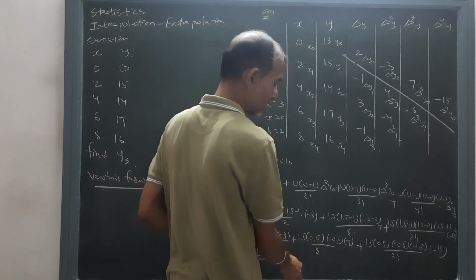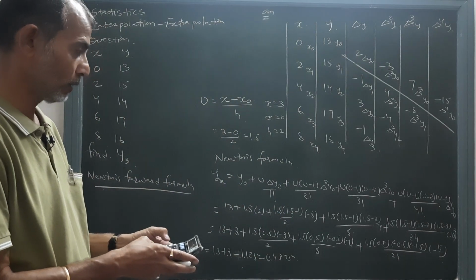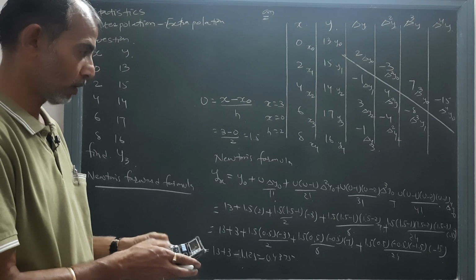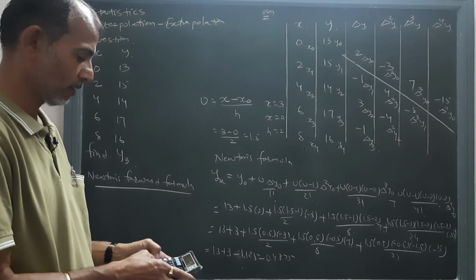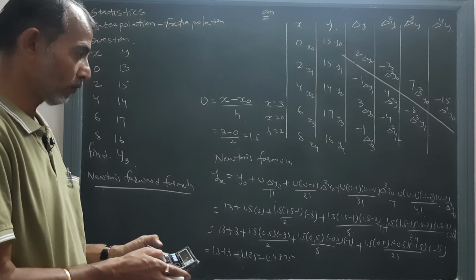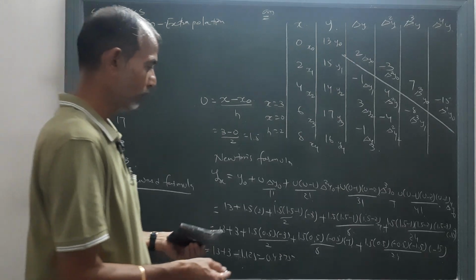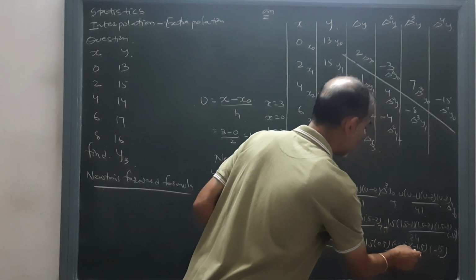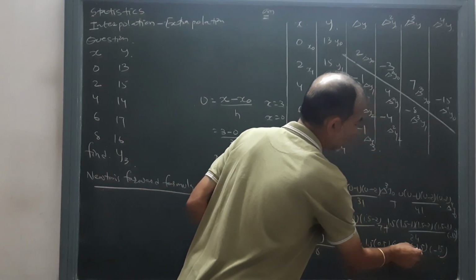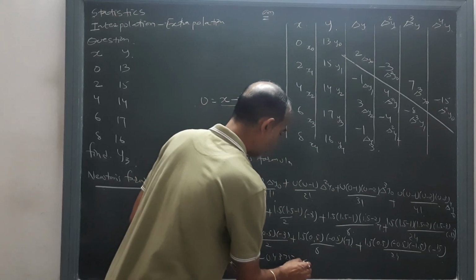Then 1.5 into 0.5 into minus 0.5 into minus 1.5 into minus 15 divided by 24, that is 0.726.